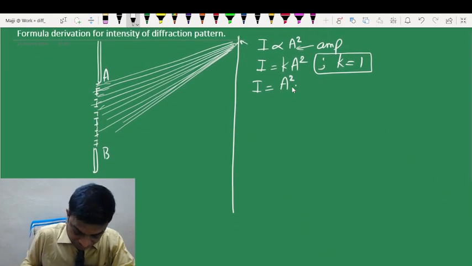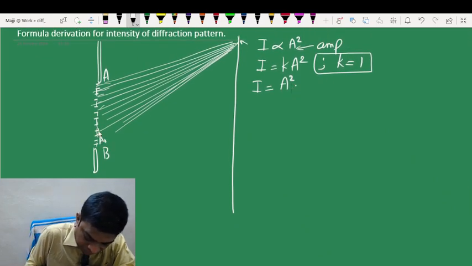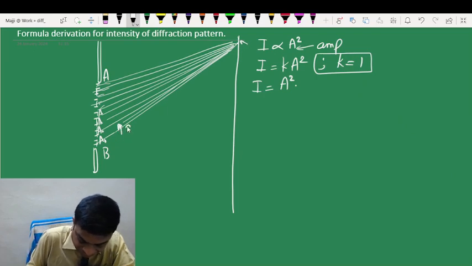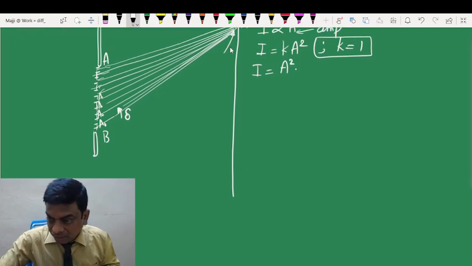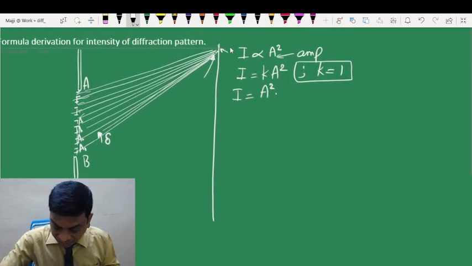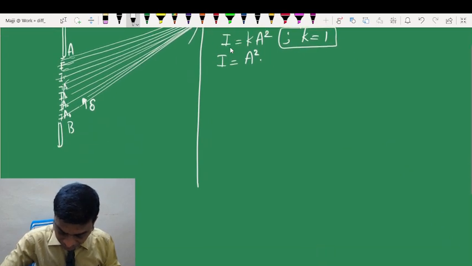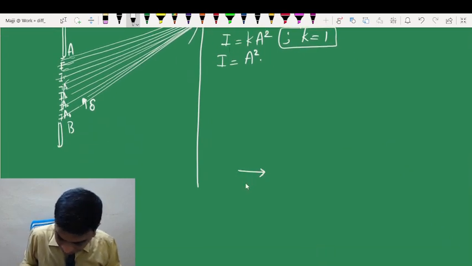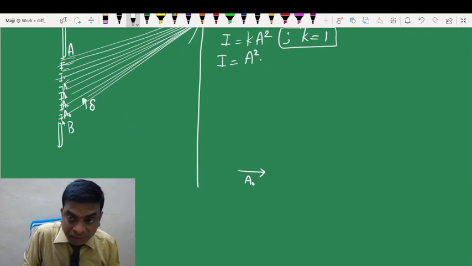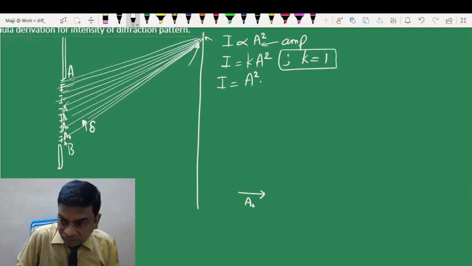So here, if a naught is the amplitude due to each part, and if, let us say, delta is the phase difference between the interfering waves, then we can see the resultant will be something like this. See, first we have a naught due to this part.